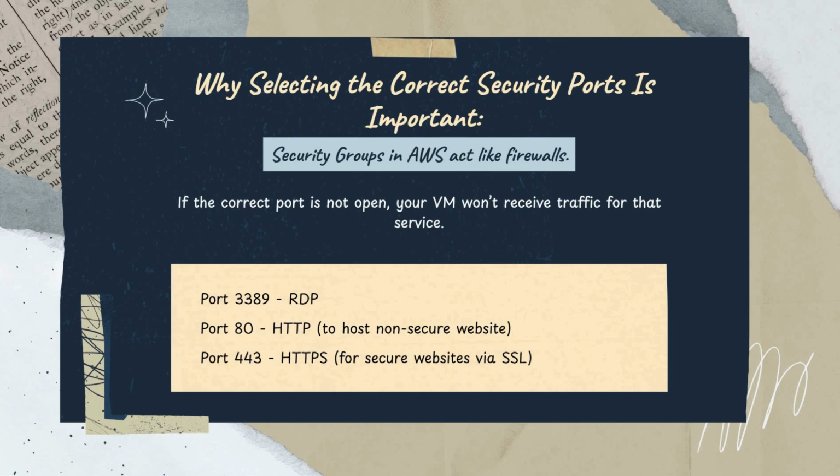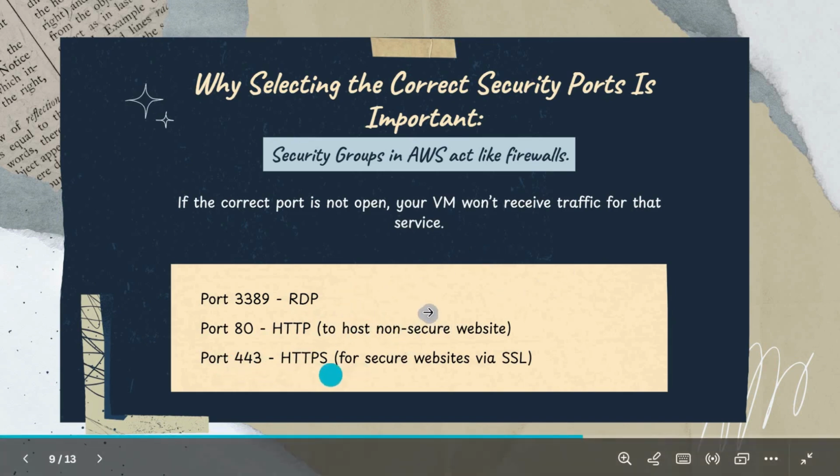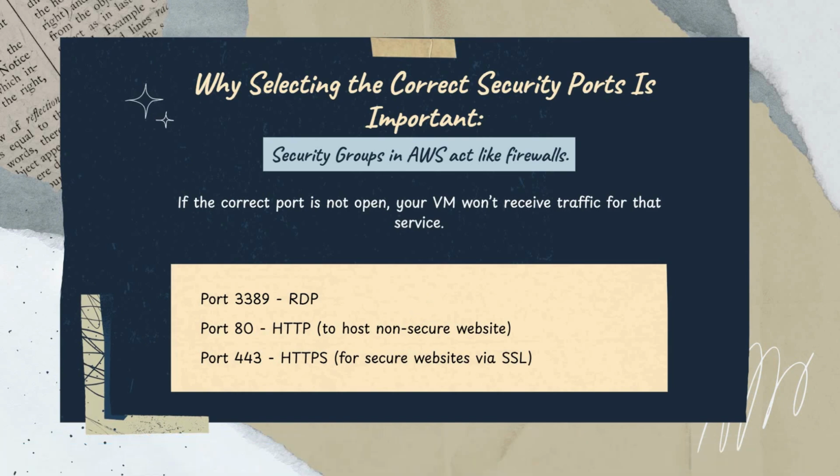So I allowed port 80 for HTTP and port 3389 for RDP. RDP is for accessing the virtual machine from my local desktop, and port 80 HTTP is to host a non-secure website. Additionally, we have HTTPS port 443, which is the secure version of port 80. In today's session, we only use these two ports.